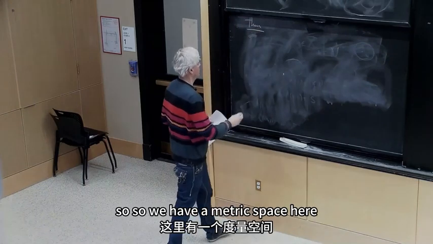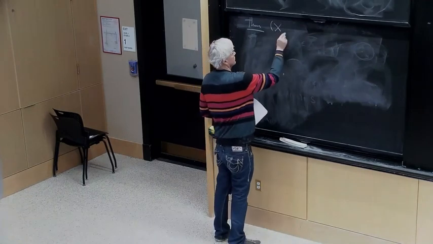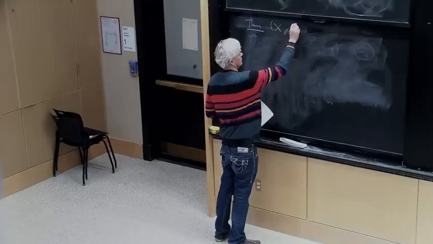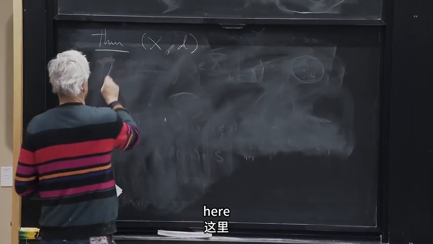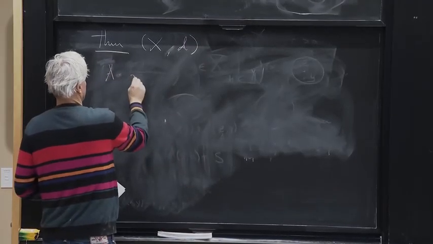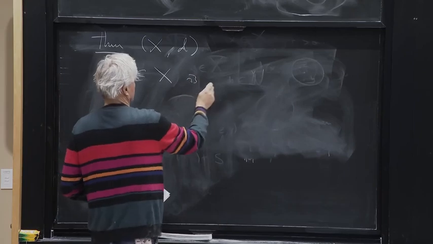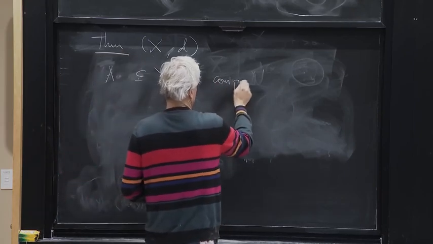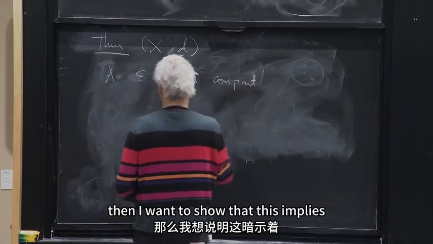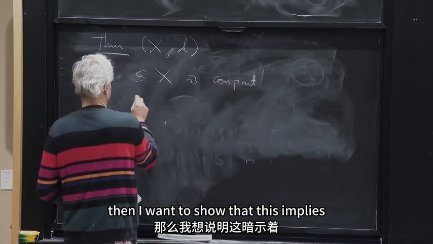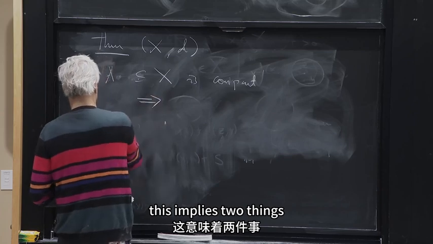So we have a metric space here, and A is compact. Then I want to show that this implies two things.